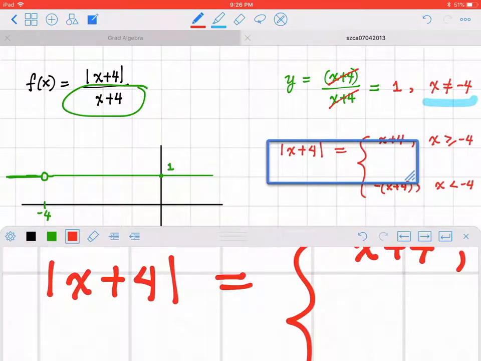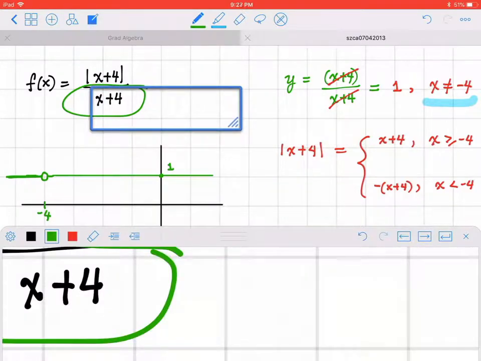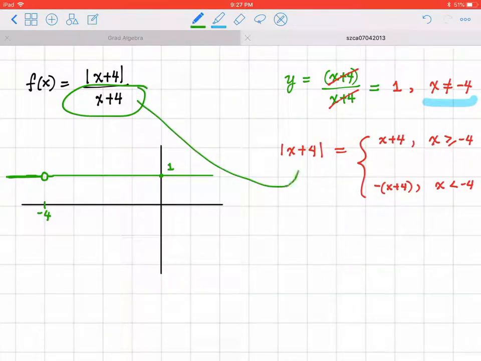Oops, get my green pen. I wanted to divide everything in this absolute value by x plus 4 again. So to finish off this problem, we're going to divide by x plus 4. So everything gets divided by x plus 4.